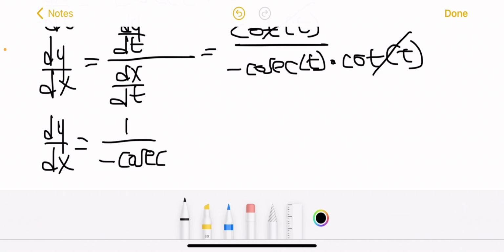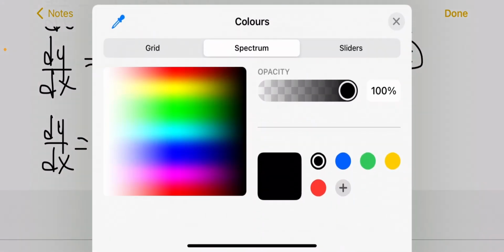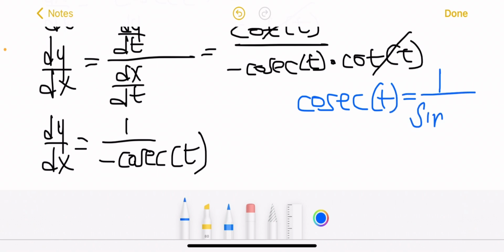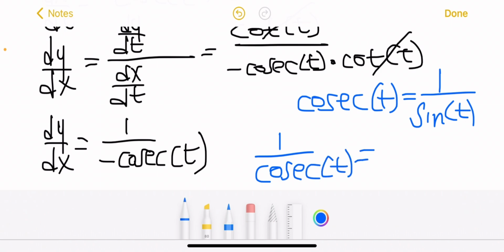cosecant of t. Okay, so how can we further simplify cosecant of t? We know that cosecant of t is equal to 1 over sine of t. Okay, so what will be 1 over cosecant of t? This will be equal to sine of t.